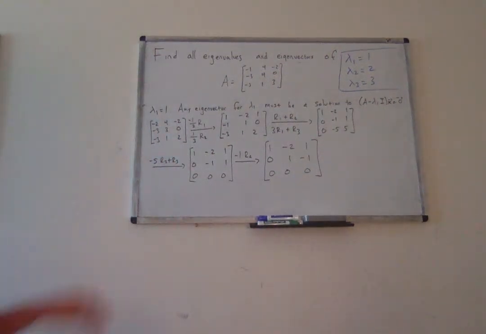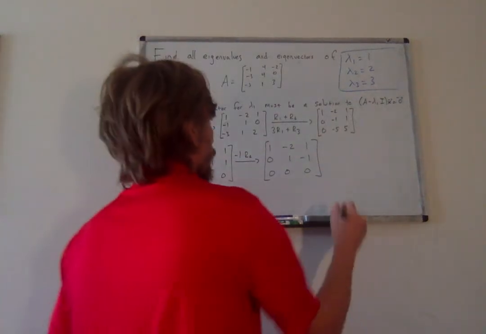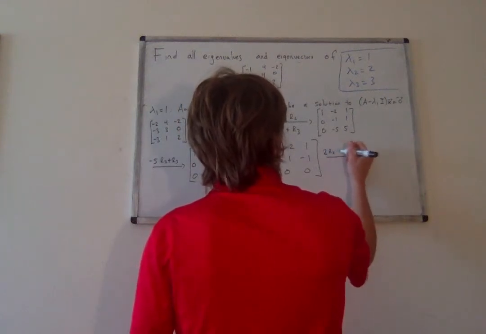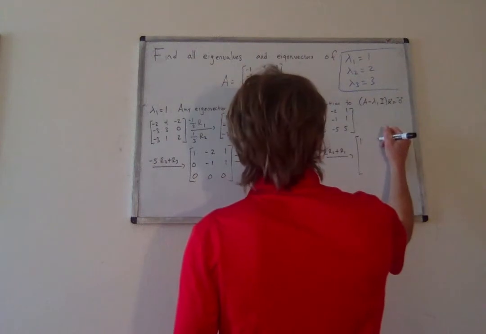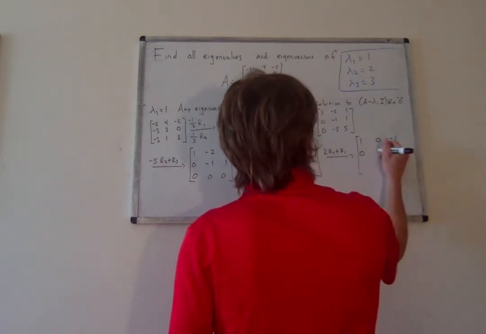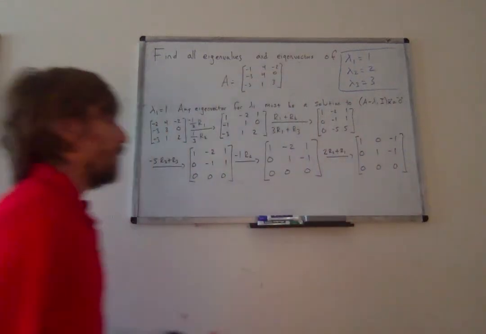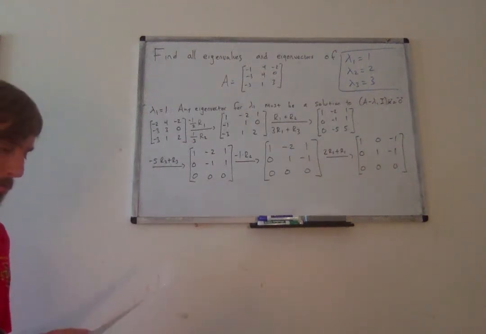And so certainly here, because I subtracted 1 off of each of the diagonal entries and was able to row reduce the matrix to something that has a free variable x3, that means I know that 1 is in fact an eigenvalue.